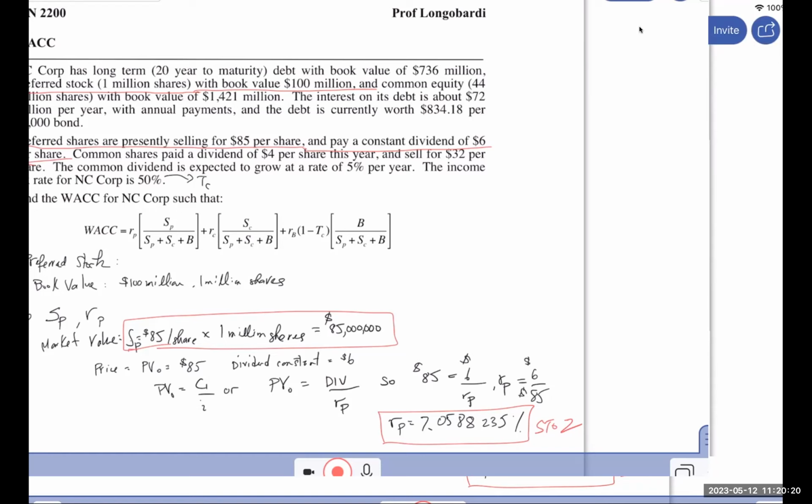Then you go to the next one. Common stock. Common stock is 1,408,123,456 divided by recall 0. So this ratio is 66.